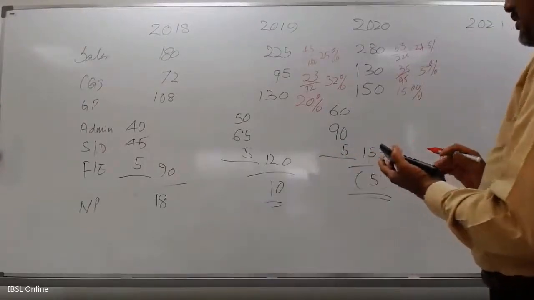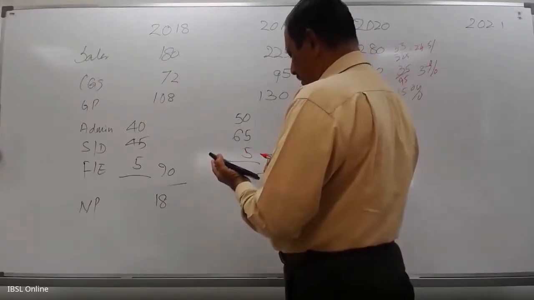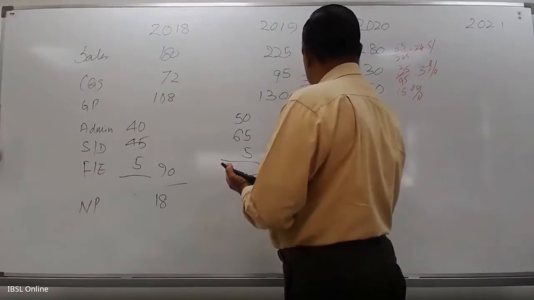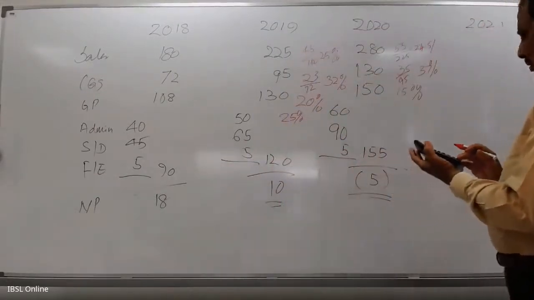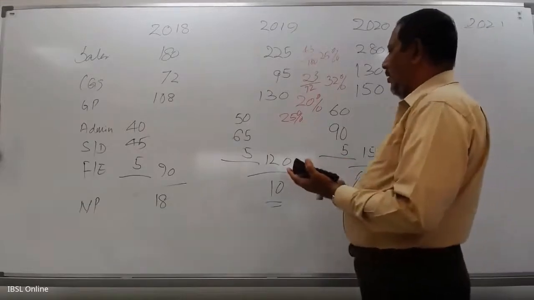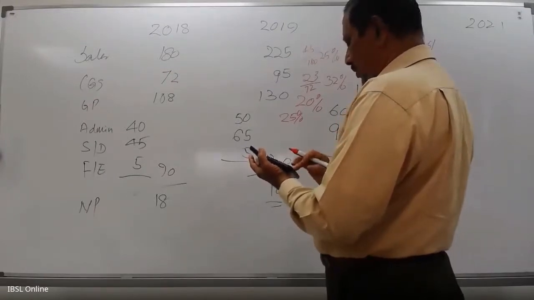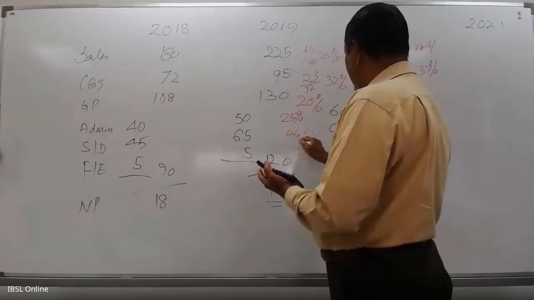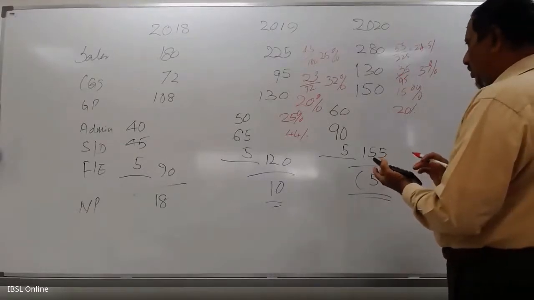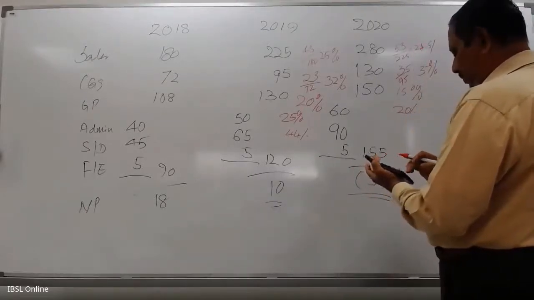Then administrative expenses, increasing by 25%, and then 20%. Selling and distribution expenses, 44%, and 90 minus 65, about 38%.